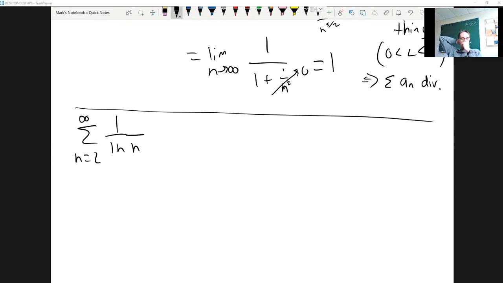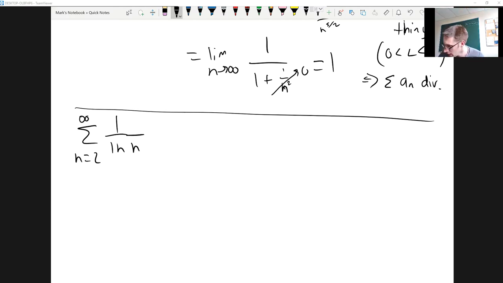Now, if you think about this function, the log of n grows as n goes to infinity, so the denominator is getting bigger, but logarithms don't grow very quickly, right? So the log of 1 is 0, the log of 100 is somewhere in the ballpark of, well, less than 10, and the log of 1,000 is still pretty small, and so you'll find that logs are very slowly growing functions.